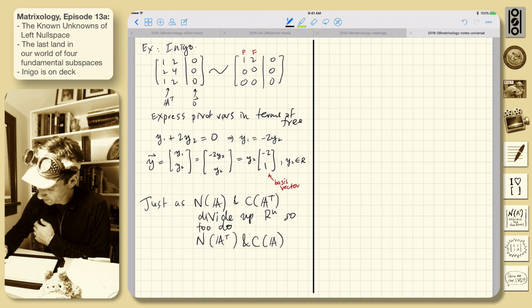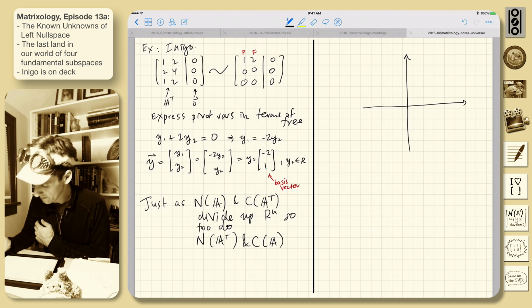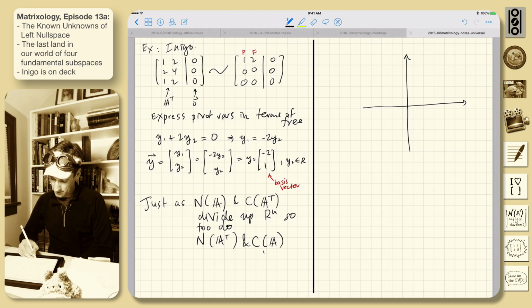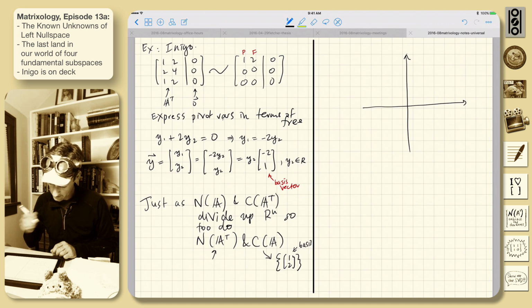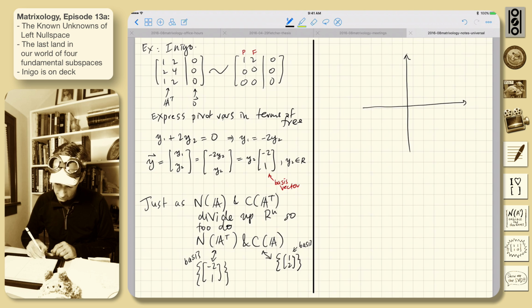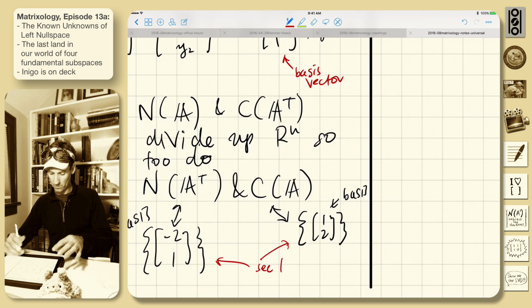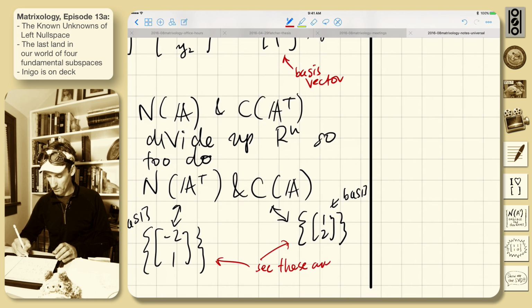Let's draw a little picture just for this one matrix. We know the column space is a multiple of 1, 2. Basis for this one was 1, 2. And now we have a basis here, which is minus 2, 1. A big deal is we can see these are orthogonal. Take the inner product of those two: minus 2 plus 2. They're 1D and orthogonal.